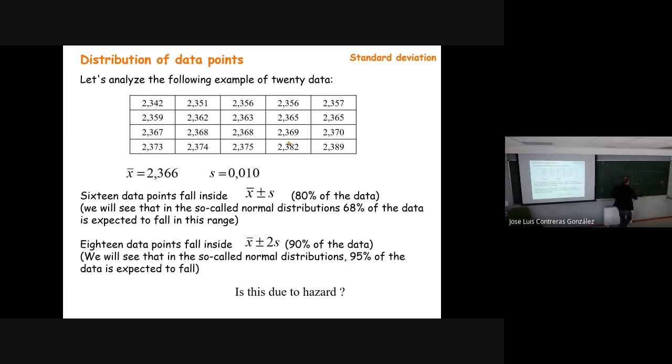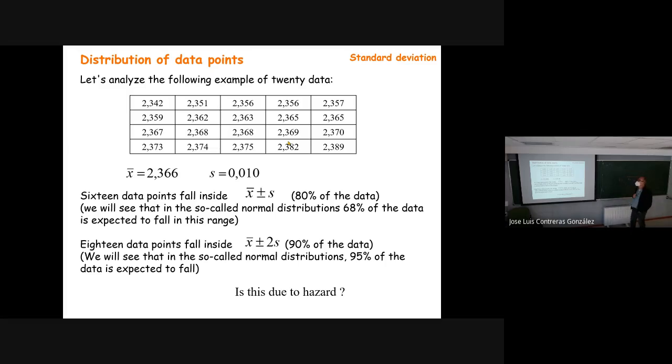So you build an interval, centered on the mean like we do with our uncertainties, and this interval goes from the mean minus the standard deviation up to the mean plus the standard deviation.